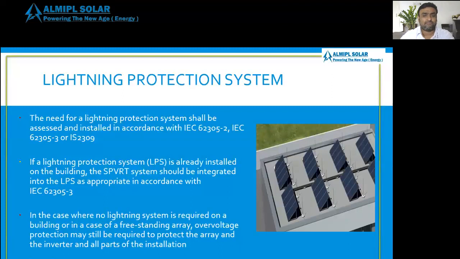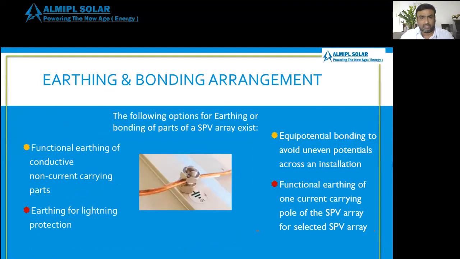The SPV system could be integrated into the lightning protection system as appropriate in accordance with the IEC. In cases where no lightning system is required on the building, or in the case of a free-standing array, overvoltage protection may still be required to protect the array, the inverter and all parts of the installation. So based on the size, we need to put a lightning arrestor and lightning protection system.